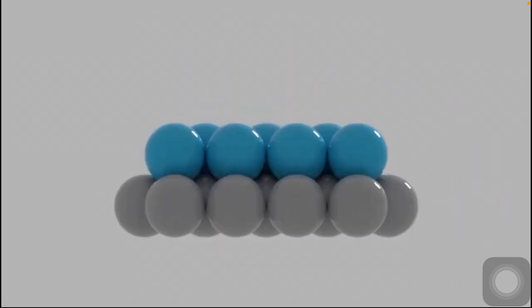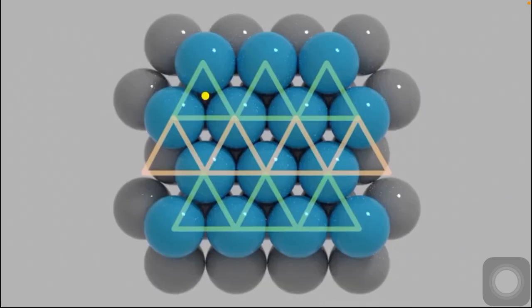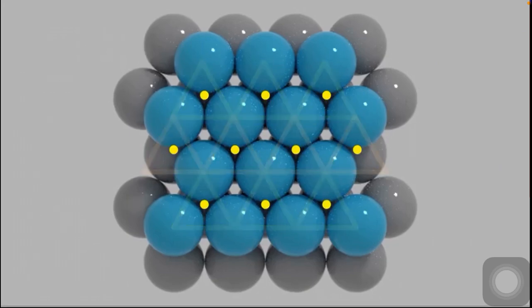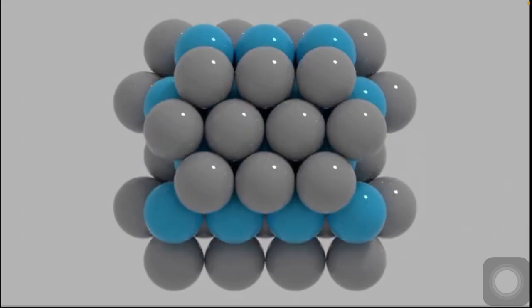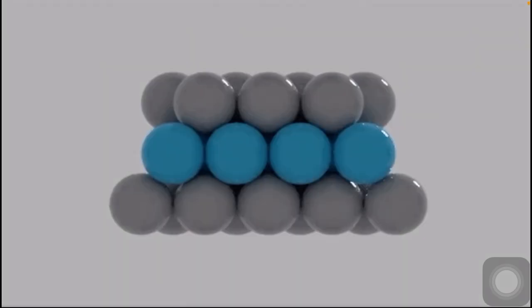This is the side view for two layers. Then mark points for the third layer and place atoms on these points. These yellow dots are the centers for the atoms of the third layer. This is the side view for these three layers of atoms.